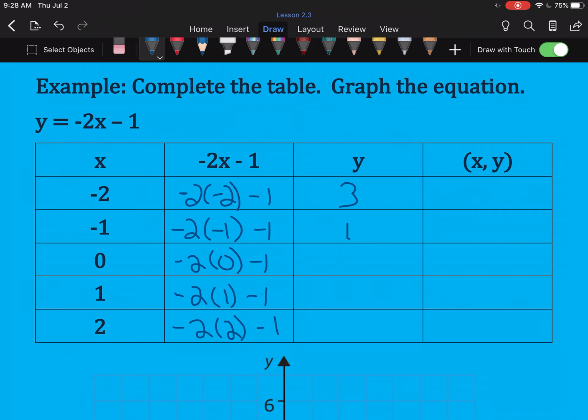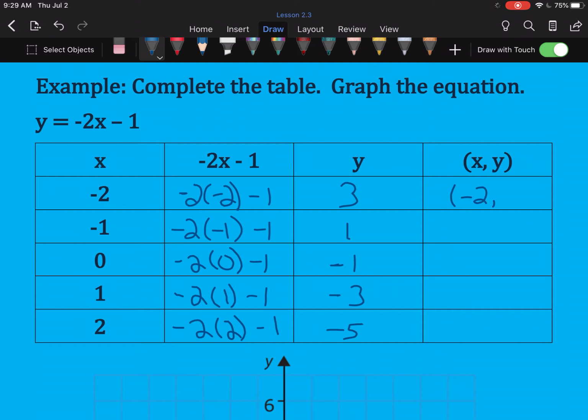Anything times 0 is 0. 0 minus 1 is negative 1. Negative 2 times 1 is negative 2. Negative 2 minus 1 is negative 3. And negative 2 times 2 is negative 4. Negative 4 minus 1 is negative 5.